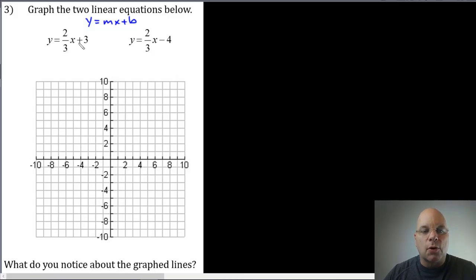To that variable term we're adding some constant term, and that's the y-intercept. So we know m is the slope, and b equals the y-intercept. If we simply identify the slope and the y-intercept for both of these equations, we can graph them. The slope for this first equation is positive 2/3.